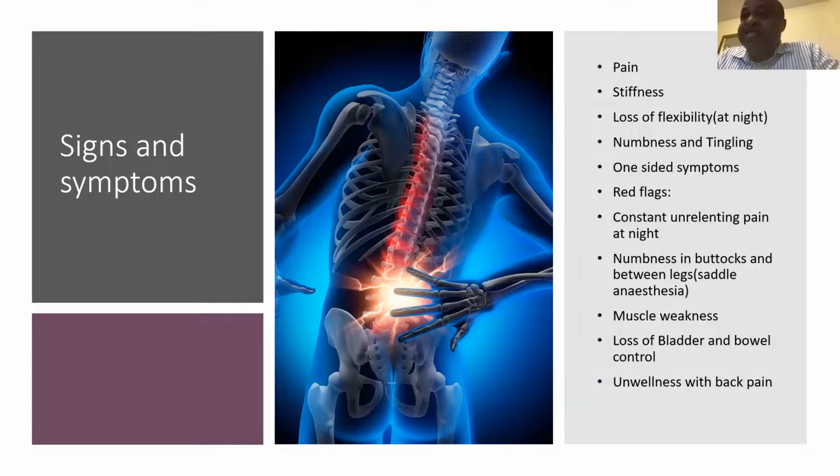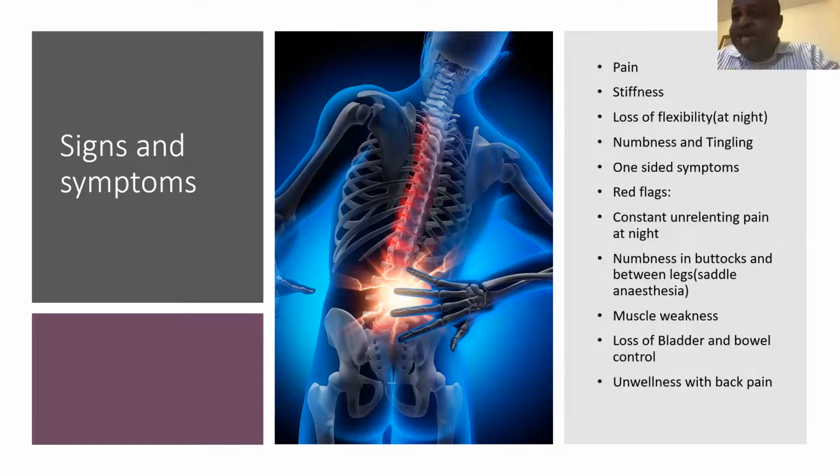A constant, unrelenting pain, which is always at night. Remember, we did mention the fact that people can develop prostate cancer and have bone metastases, and they have persistent pain.